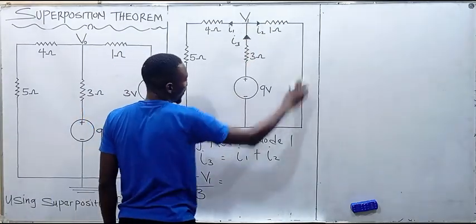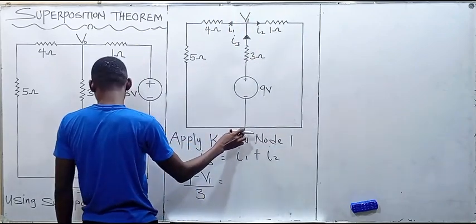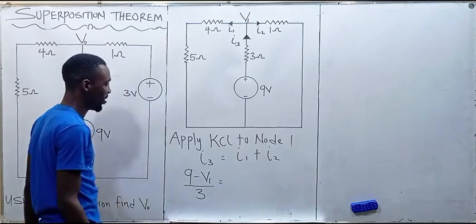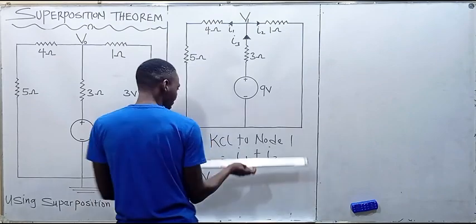I1 is the current that is flowing in this branch. So this is going to be V1 minus what? Don't forget that it was grounded here. So we are supposed to ground this place too as well. Let's ground it.